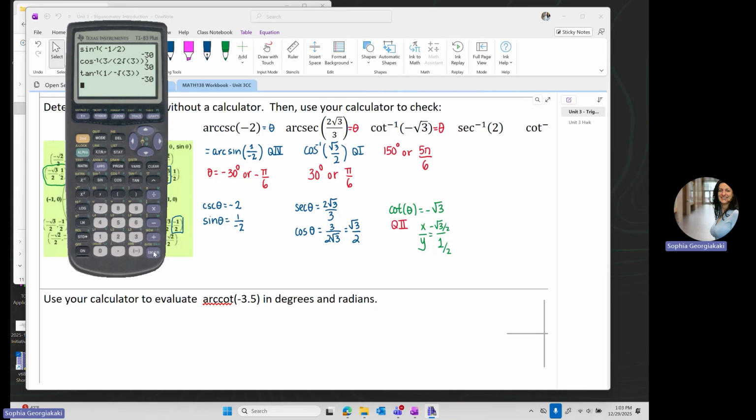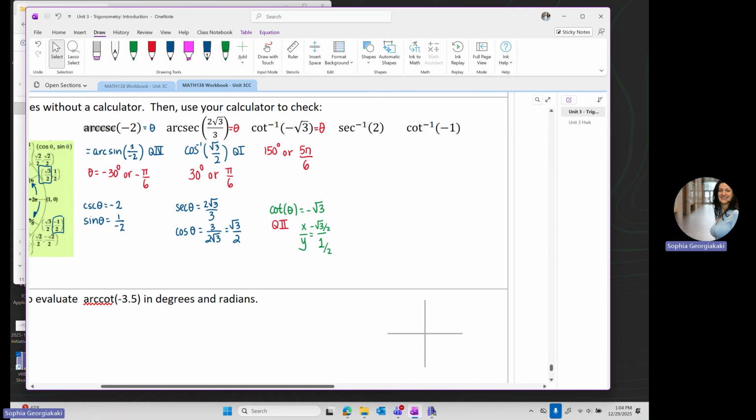So the inverse tangent will return negative 30 degrees, but the inverse cotangent function will return an angle in quadrant 2 instead. Both of those angles are 180 degrees apart. And that's one issue that we will be dealing with when we are using inverse functions in the next chapter.